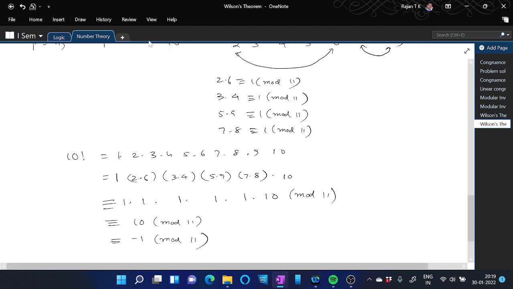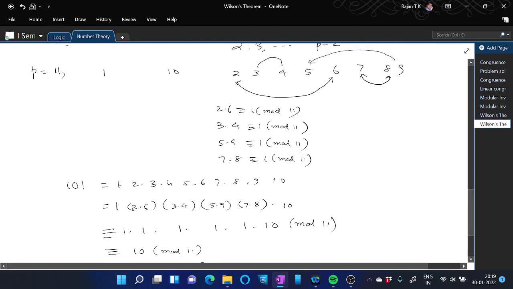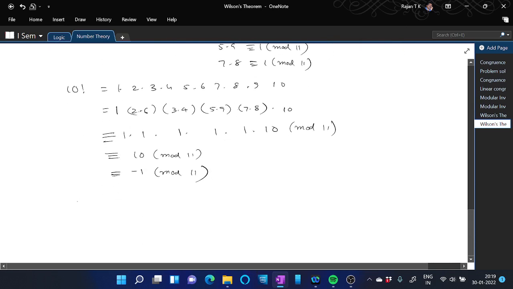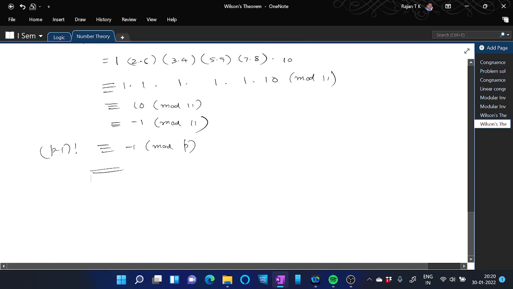So here we have taken 11, it is a prime number, then 10 factorial, that is p minus 1 factorial, is congruent to minus 1 mod p, where p is equal to 11. So this is generalized as Wilson's theorem.